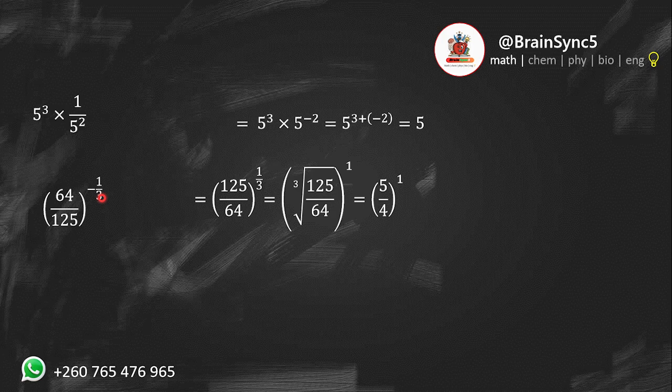So this 3 means you have to find the number which when you multiply it 3 times gives you 125, and a number which when you multiply it 3 times gives you 64, which is what? It is 5 over 4. So just like that. Very, very simple and straightforward.